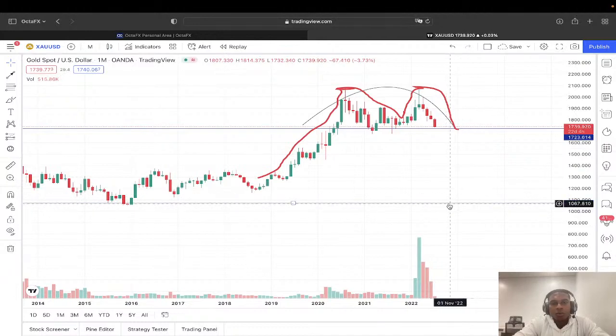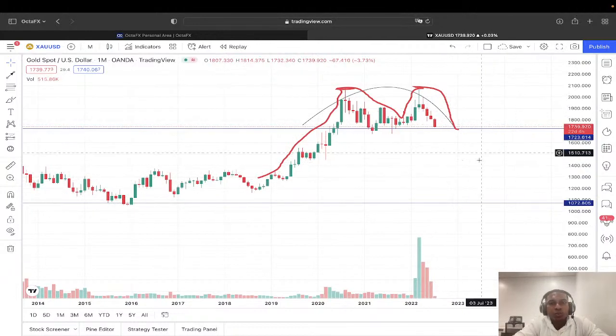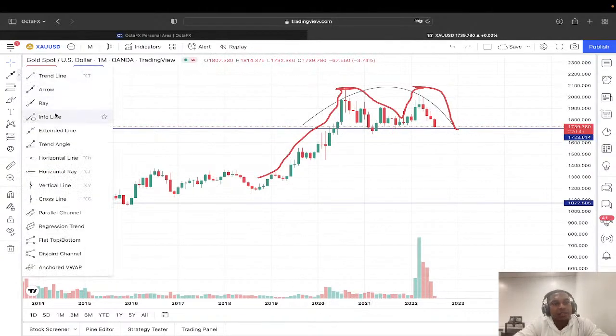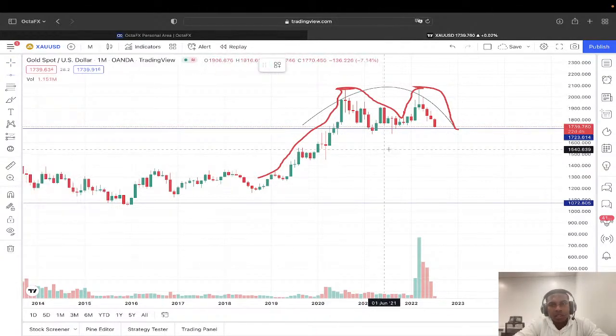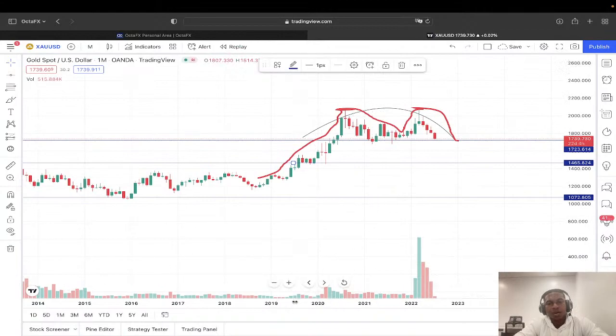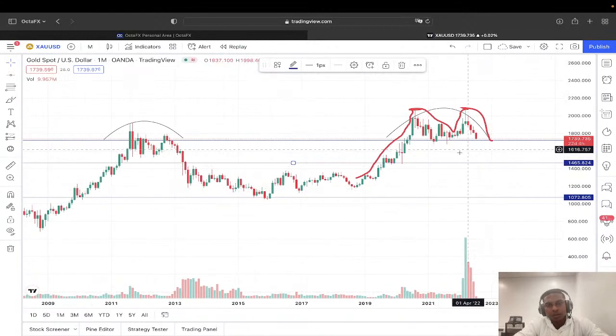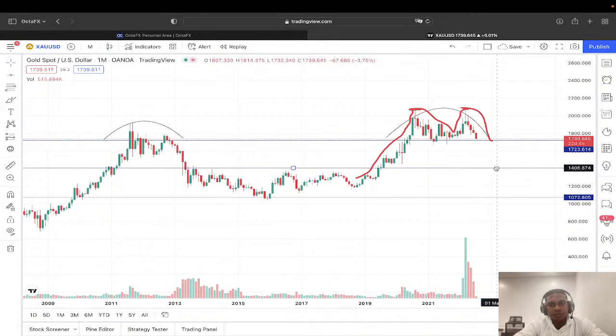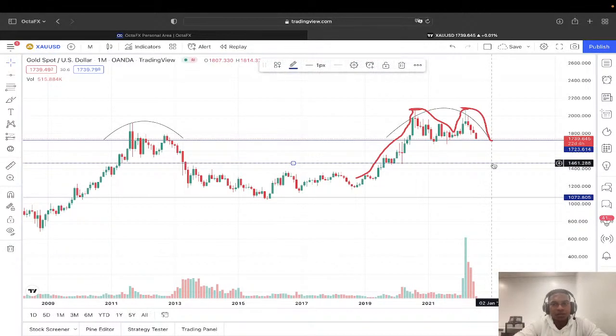Then what are the possibilities of what we might be expecting? That price might fall further to this level. Price might fall further to this level.